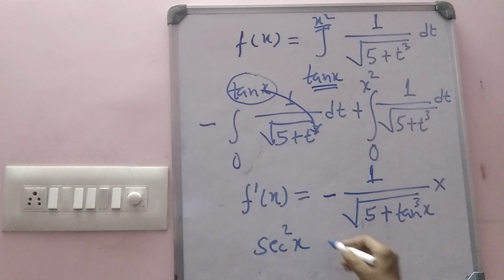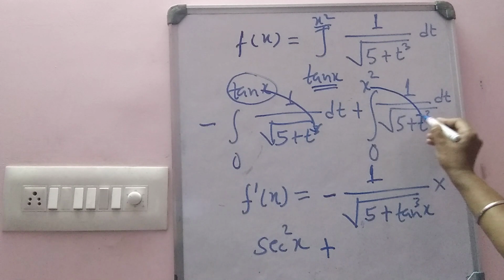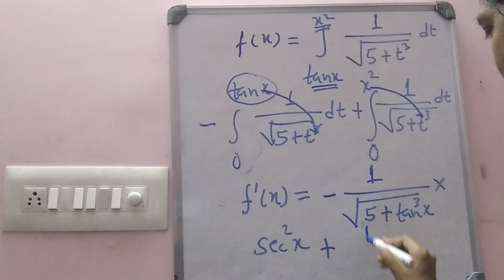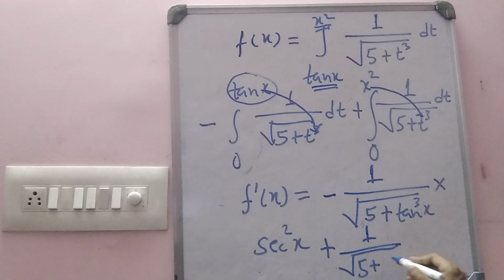Now plus this 0 to x. Now in place of t you have to put x. So it becomes 1 by square root of 5 plus x cube.